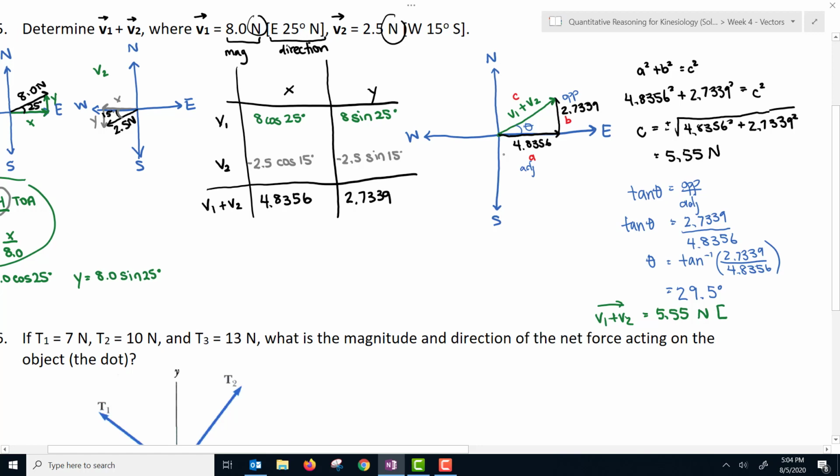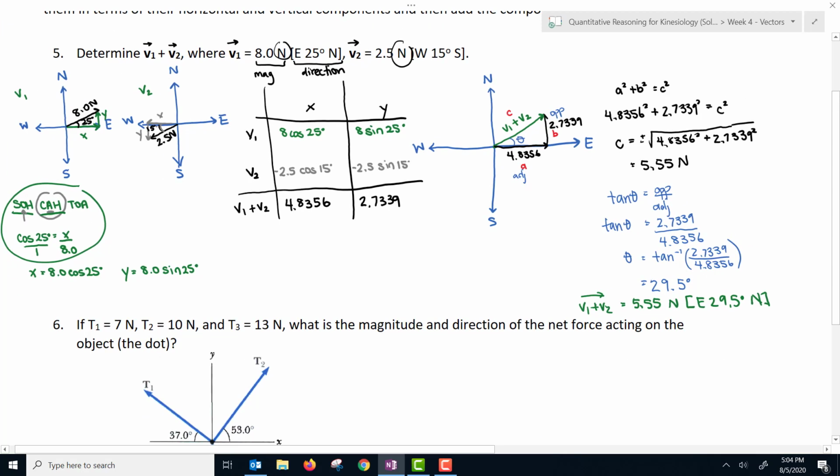Notice we have north, east, south, west because they were introduced in the question. So we have east 29.5 degrees towards north. You could have also written it as 29.5 degrees north of east if you like. And that's it. That's the final answer.